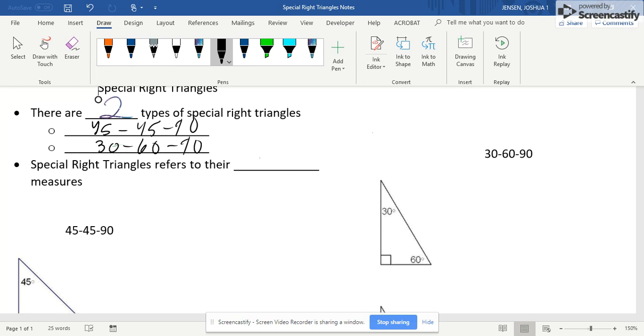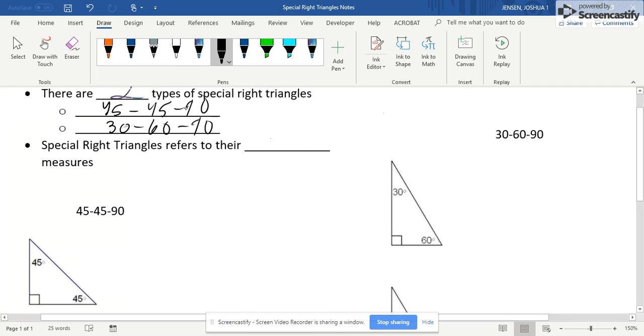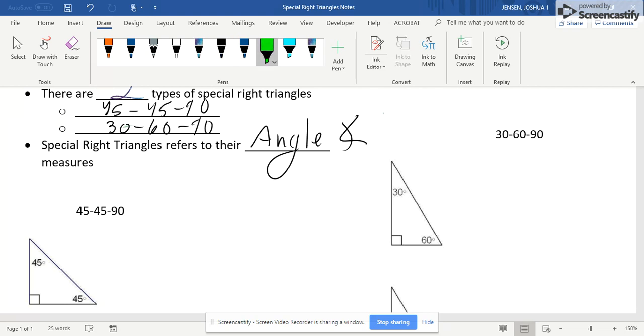So the reason why they're called the 45-45-90 and the 30-60-90 is because the special right triangles is referring to the angle measures. On a 45-45-90 triangle, as you can see down here at the bottom, we have a 45, a 45, and a 90-degree angle.